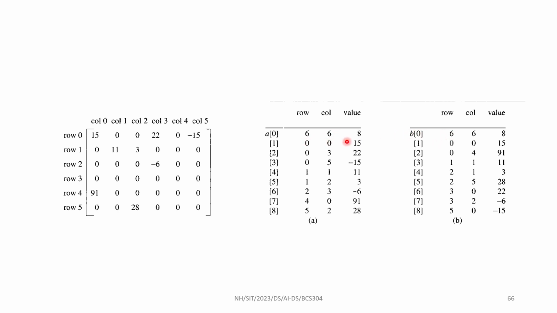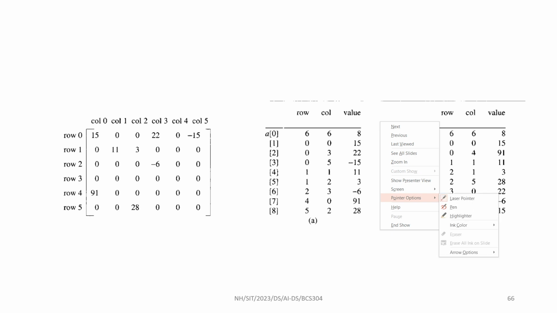So 0 0 15 will be in the same place, 0 3 will go to 3 0, 0 5 will go to 5 0, 1 1 will go to 1 1, 1 2 will go to 2 1, 2 3 will go to 3 2, 4 0 will go to 0 4, and 5 2 will go to row 2, 5, 28.